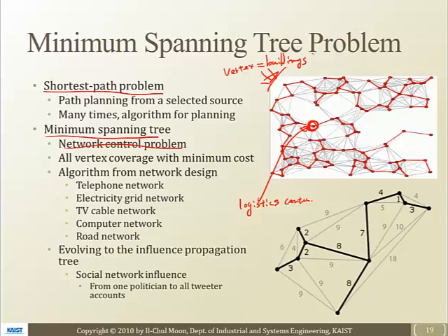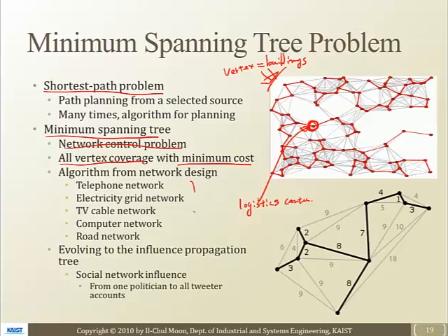In that case, how much will it cost? And what would be the ideal path to control all the vertices, to deliver to all the buildings? That is the minimum spanning tree problem: all vertex coverage with the minimum cost.